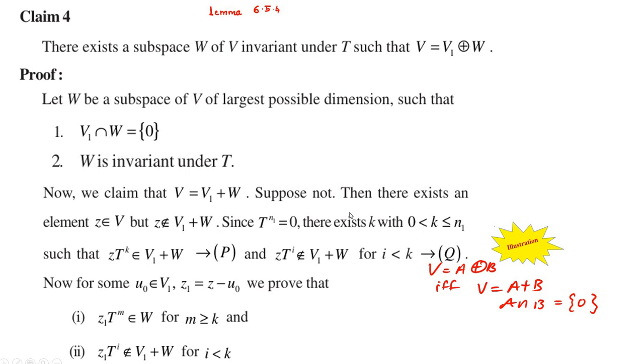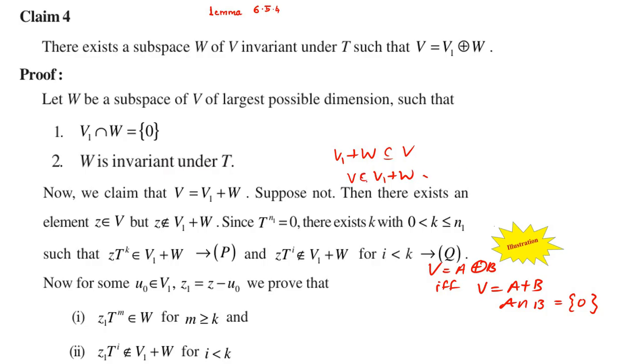So suppose not. We know that V1 is a subspace, W is a subspace, so V1 plus W must be contained in V. Suppose not means what is not true? We don't have V to be contained in V1 plus W. So there exists an element Z in V, but not in this. If we have this to be true, then there ends the matter.